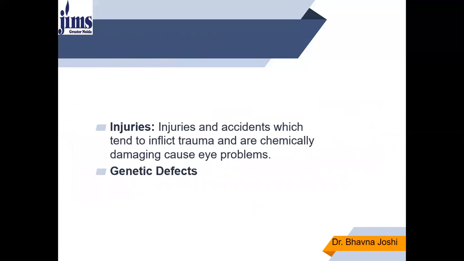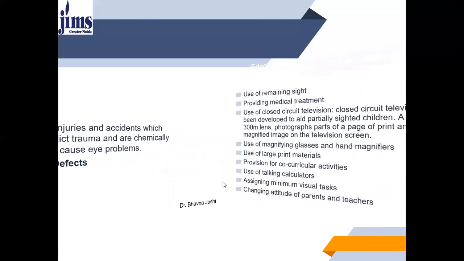Then there can be injuries, that means accidents which result in damaging the eyes. And there can be genetic defects, that means the defective genes a child gets from their parents or forefathers can also lead to visual impairment.